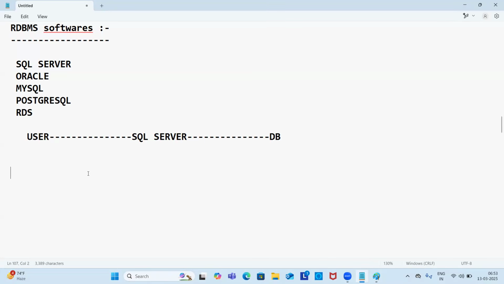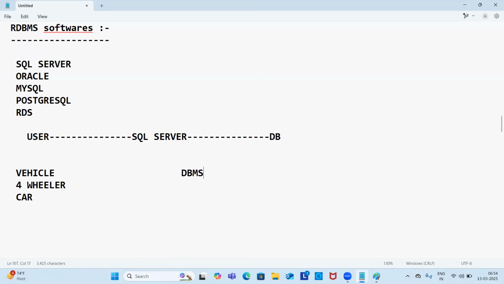Suppose, for example, you go to the office every day. If I ask you how you go, we use a vehicle. Which vehicle? Suppose a four-wheeler, some car. Similarly, how do companies maintain a database?